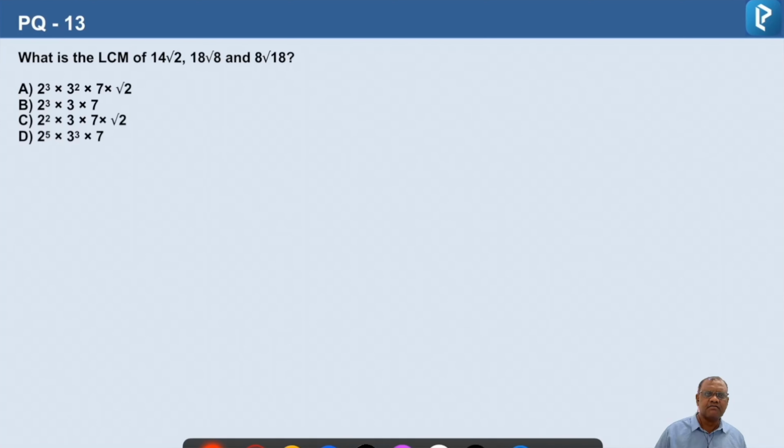Question number 13. What is the LCM of 14 root 2, 18 root 8 and 8 root 18? Let us write down the prime factors. 14 root 2 is 2 into 7 into root 2.